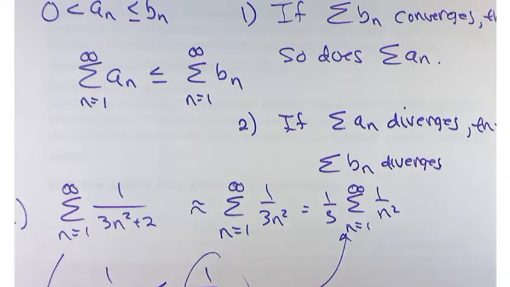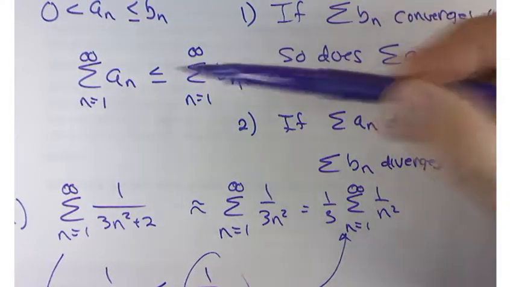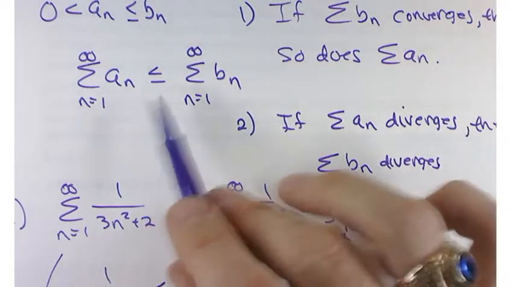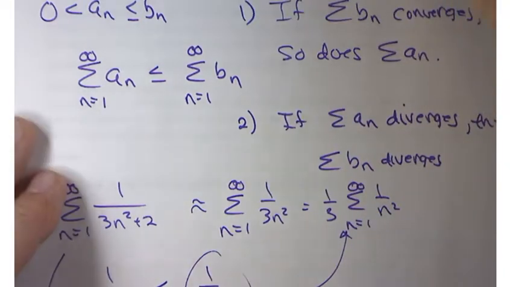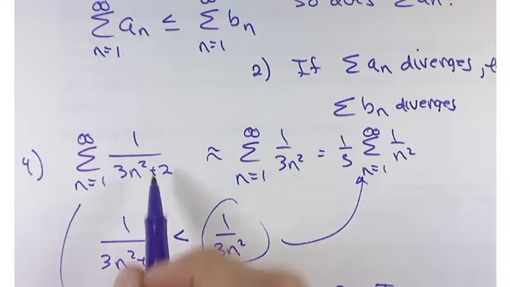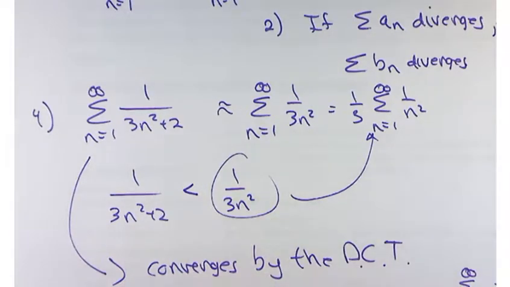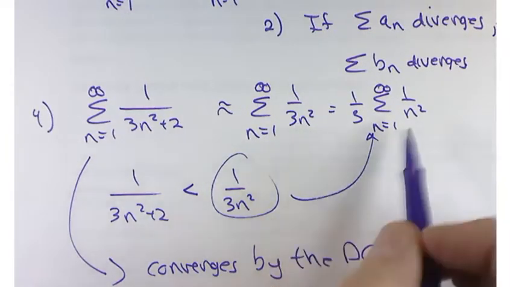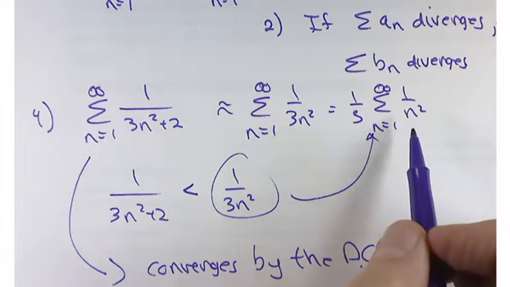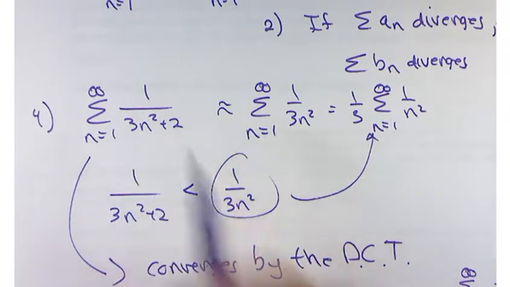Now, some of these series become a little bit tricky. In fact, what was nice about this one is that I had a plus in the denominator. So I could just say, oh, well, let's get rid of the 2. And then I had this, which is this. I knew that one converged. If this was a minus, then I'd be in trouble.